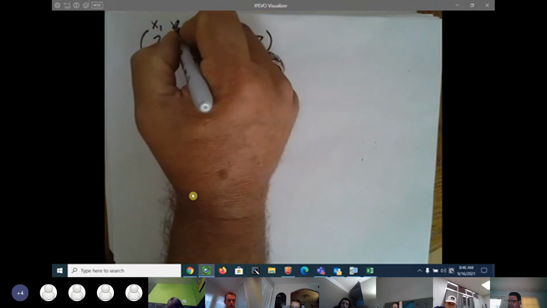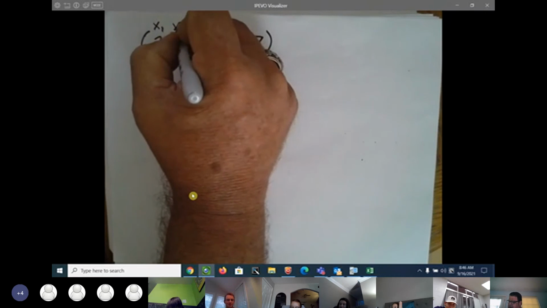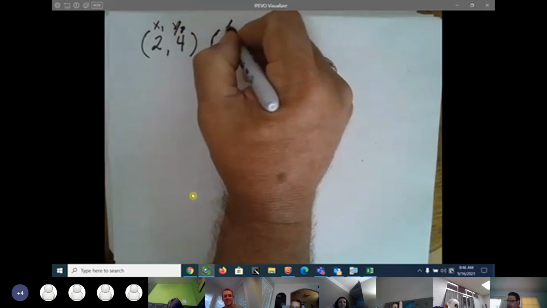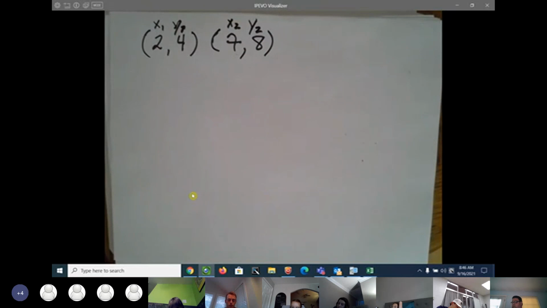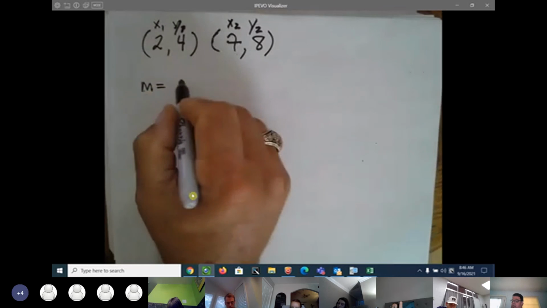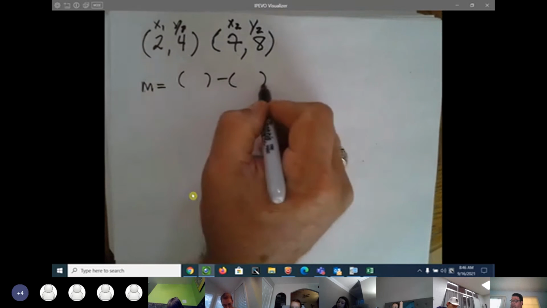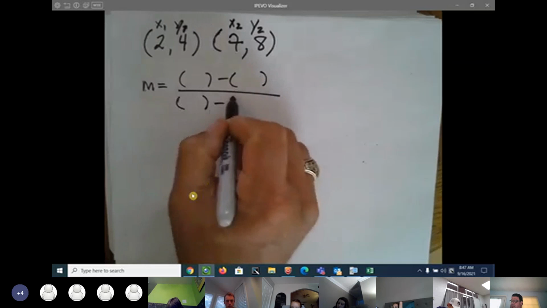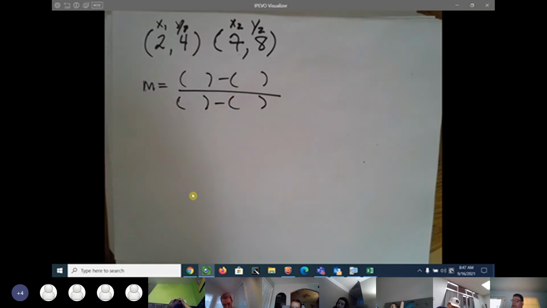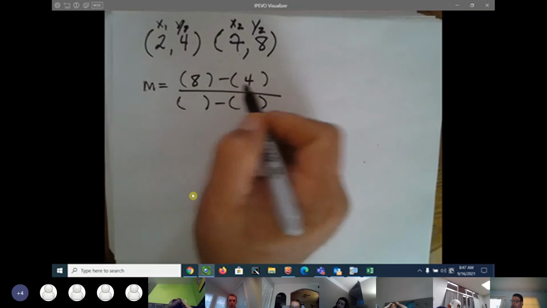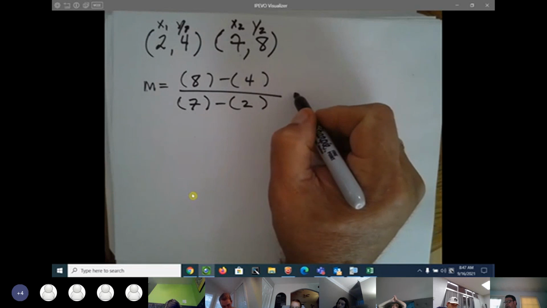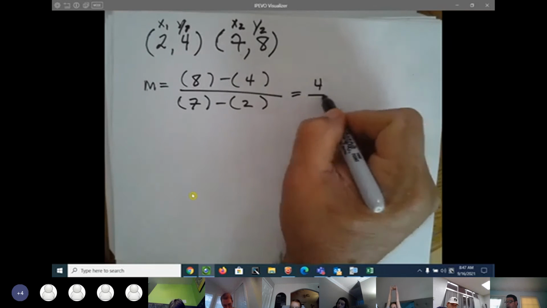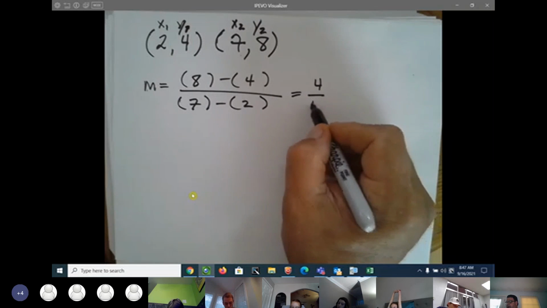United States of buttercups and pansies. (x1, y1), (x2, y2), and m is equal to (y2 minus y1) over (x2 minus x1). 8 minus 4, 7 minus 2. 8 minus 4 is 4. 7 minus 2 is 5.